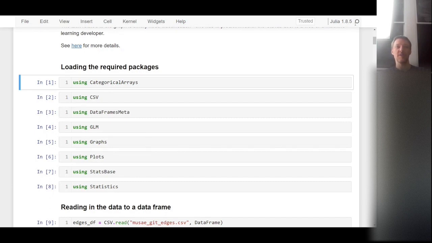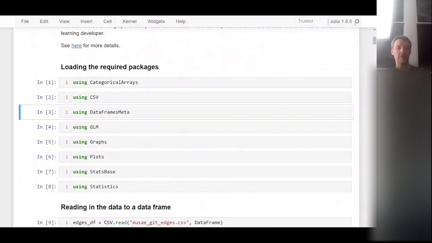If the grade in a course is A plus, A, B plus, B, etc., this is a finite set of fixed labels, so this is categorical data. Then the CSV package is used for loading and saving data in CSV format, so comma separated values.